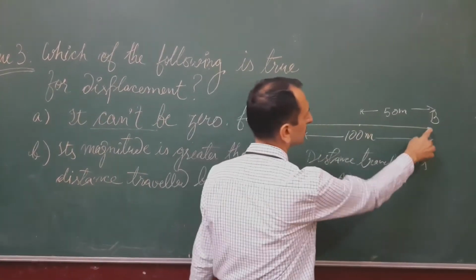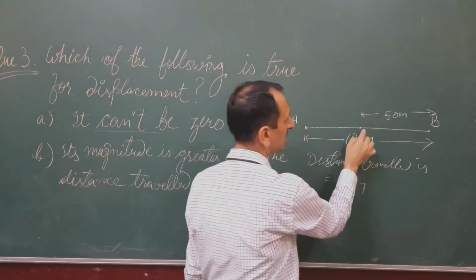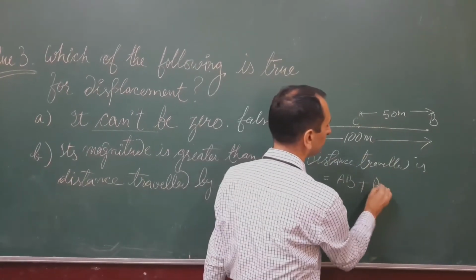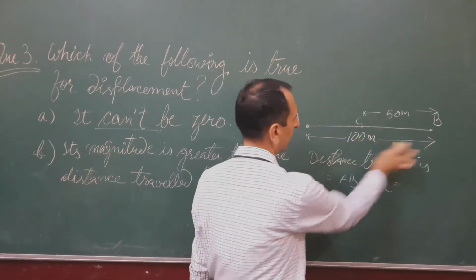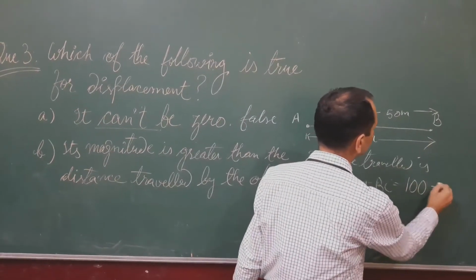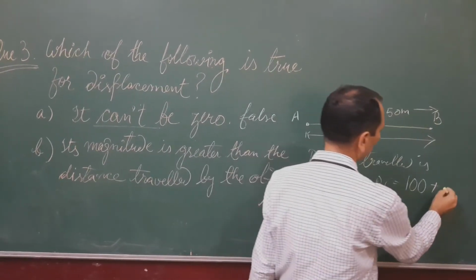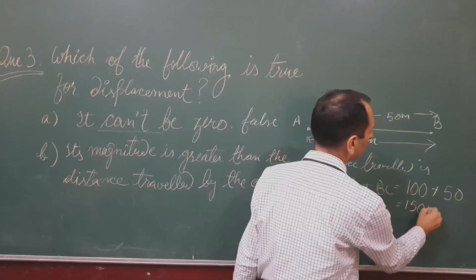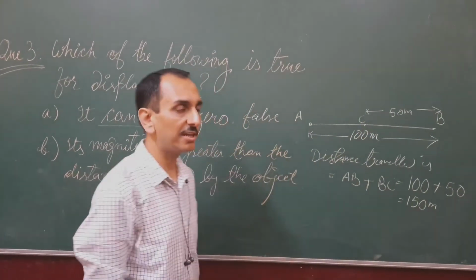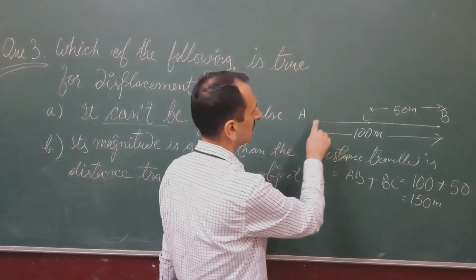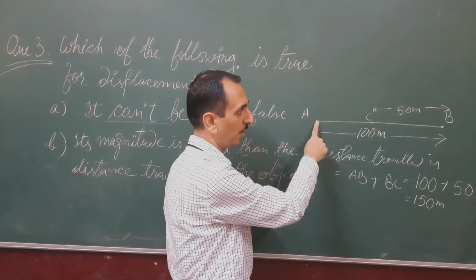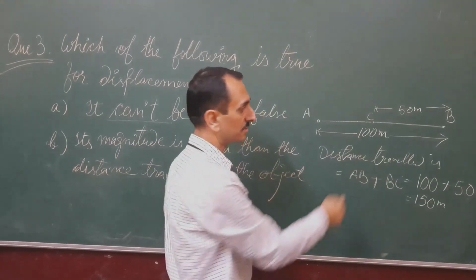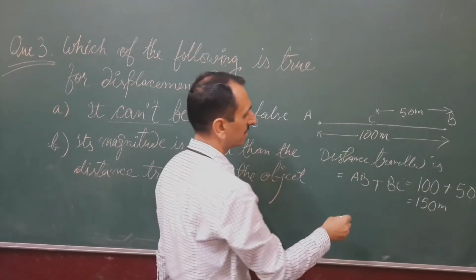Distance traveled is AB plus BC, suppose this is C. AB is 100, CB is 50. Distance traveled will be 150 meters. Now we will calculate displacement in this case. The initial position of the object is A, the final position is C. This is midway, that's why the answer will be 50.